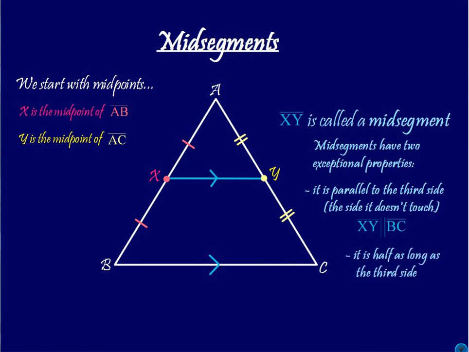Not only that, the midsegment will always be half as long as that third side, or the side it's parallel to. So I can say that XY is half the length of BC. I could switch that around and say if I double XY, that is equal to BC. So I could say 2XY equals BC if that's a little easier.